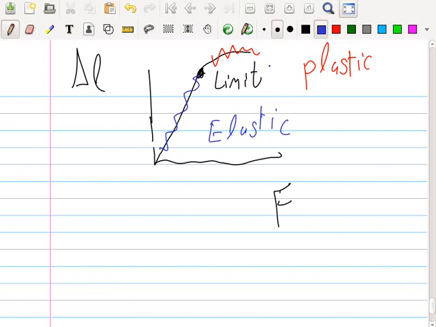If you stretch it too much, it starts to lose the force and doesn't stretch back. So as long as it's still stretchy, that's called the elastic region. And as soon as it loses its stretch, it's called the plastic region. And the cutoff point is the limit, or the elastic limit.